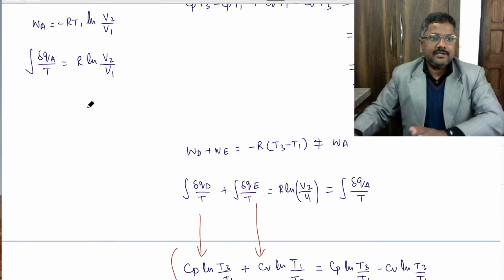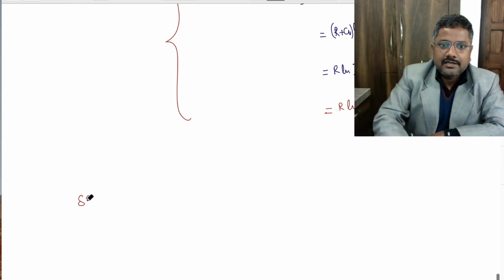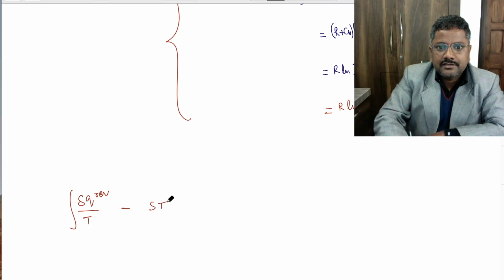So we can say here that this delta Q reversible by T is a state function.